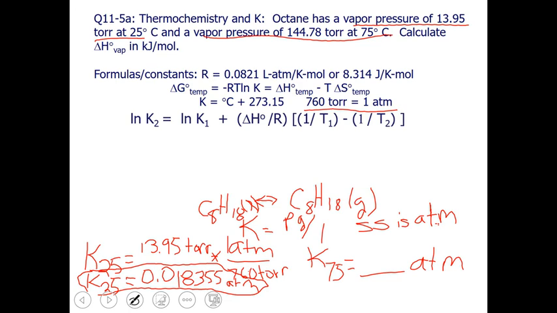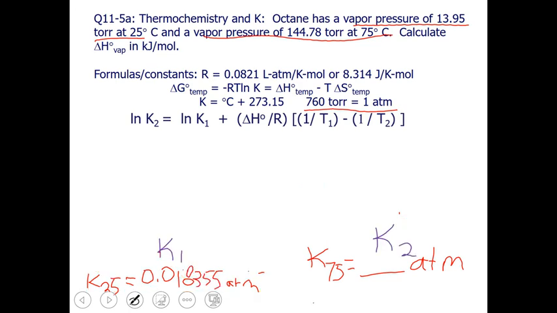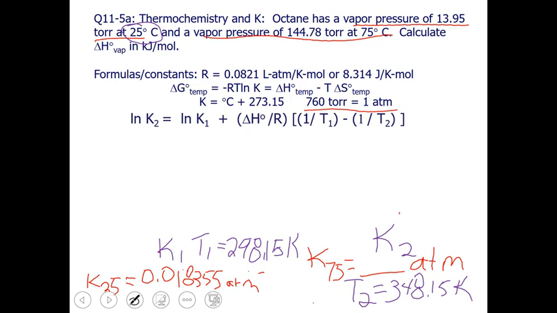Now it's time to use our formula. So I'm going to mentally assign my equilibrium constant at 25 degrees Celsius as K1 and my equilibrium constant at 75 degrees Celsius as K2, which means T1, which is at 25 degrees Celsius, is going to be equal to 298.15 Kelvin, and T2 at 75 degrees Celsius is going to be equal to 348.15 Kelvin.